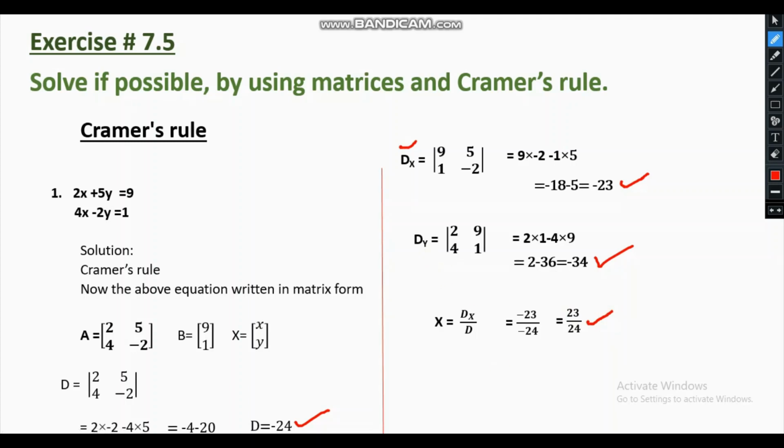Now again we will find the value of y. The determinant of y is minus 34 and D is minus 24, so the minus signs cancel each other, and 34 divided by 24 gives 17 divided by 12.